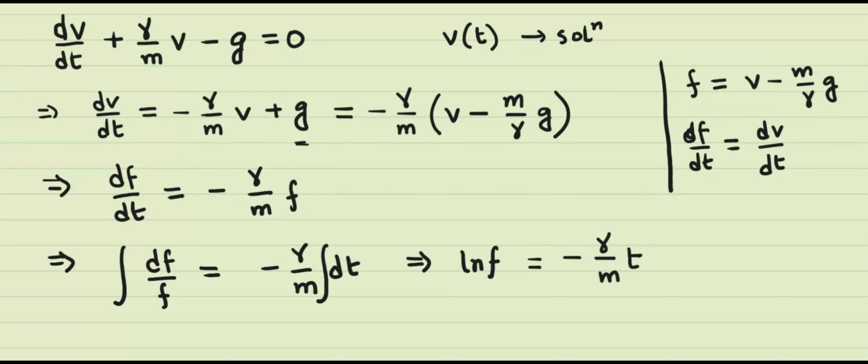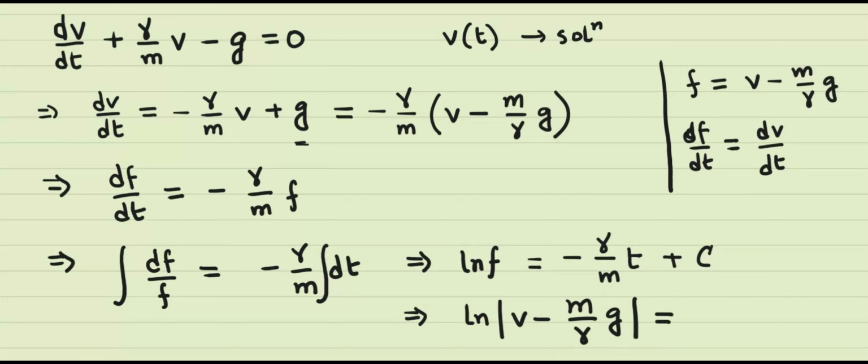So I can just write plus C, that's fine, right? And of course instead of f we can now substitute v minus m divided by gamma into g, and that would be equal to minus gamma divided by m t plus capital C, which is the constant in this case.